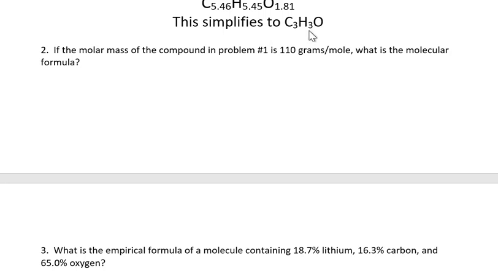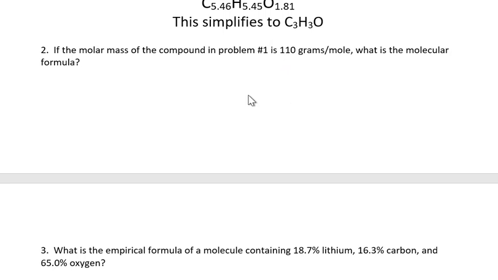So what that means is that this compound's empirical formula is C3H3O, but its molecular formula could really be any multiple of that. It could be C6H6O2. It could be C9H9O3. Because its molecular mass is 110, that's exactly twice what the mass would be if it were C3H3O.